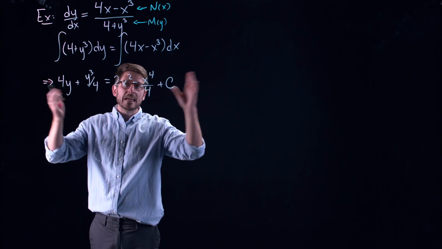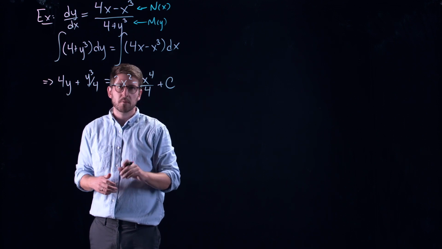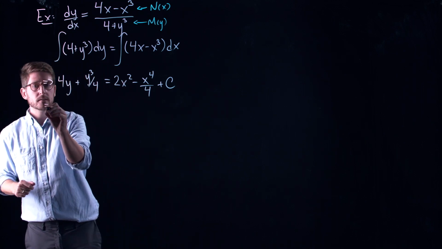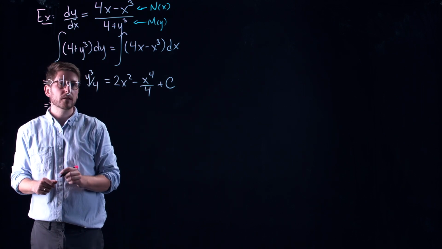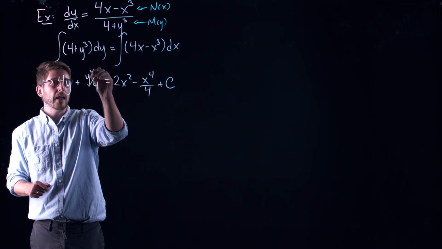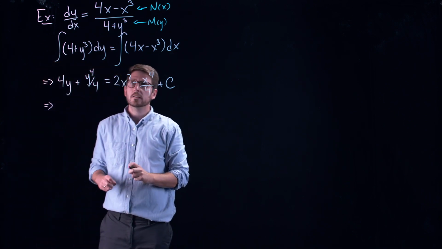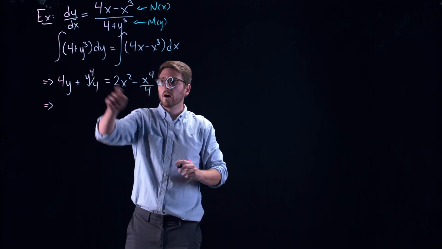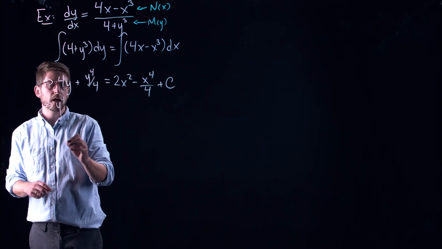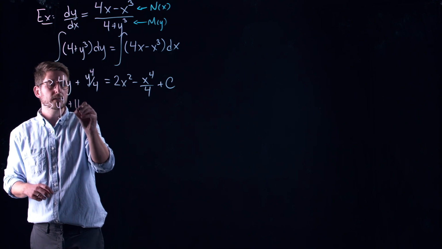Okay, I'm going to do the same thing that I did in the previous example. I don't like these fractions. They make me uncomfortable. So let's multiply everything through. And, sorry, this should be a 4. And let's also put the y to the 4 in front because it is the highest exponent. So now I get y to the 4 plus 16y.